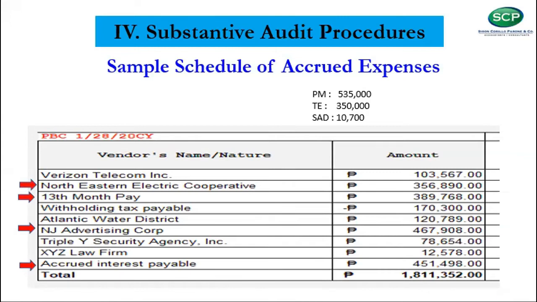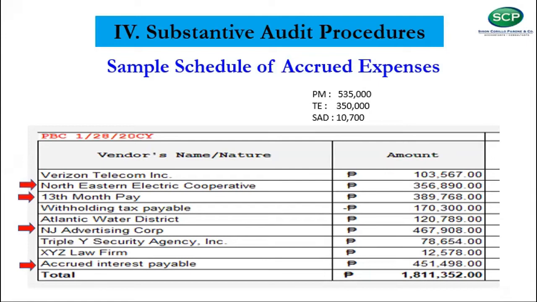In this regard, we will deem for purposes of this training that no additional items will be tested anymore unless it is found that the tested selected items are misstated. So since 89%, halos 11% na lang yung hindi matetest for AP, and then 8% lang yung hindi matetest for accrued expenses, we will assume na hindi na kailangang itest pa yung 11% at yung 8% na yon.